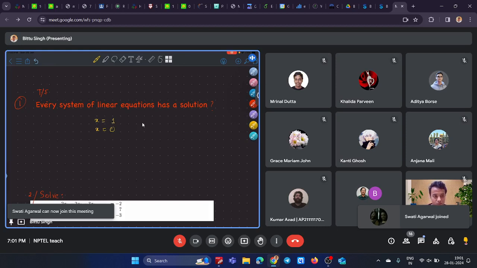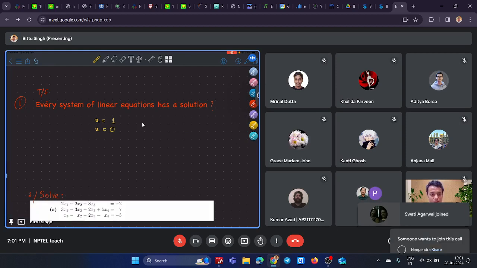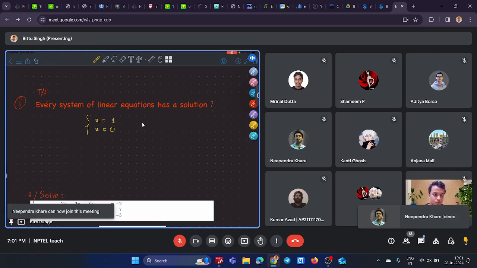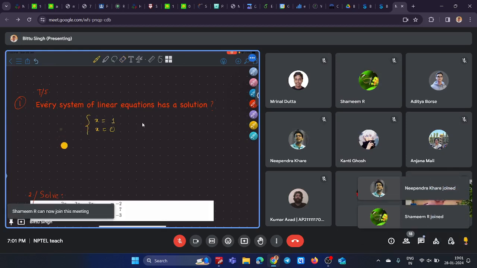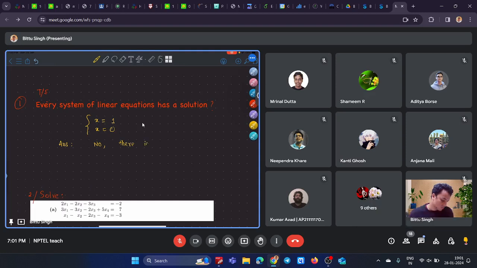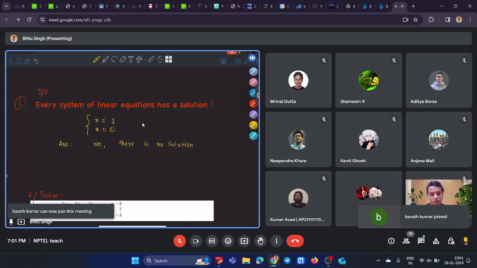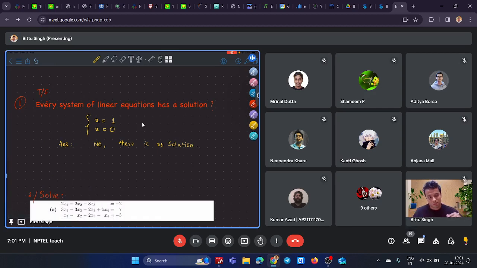Is there any solution? Suppose this is the linear equation. The answer is no. There is no solution, because you cannot find any real number which is equal to 1 and equal to 0 simultaneously.